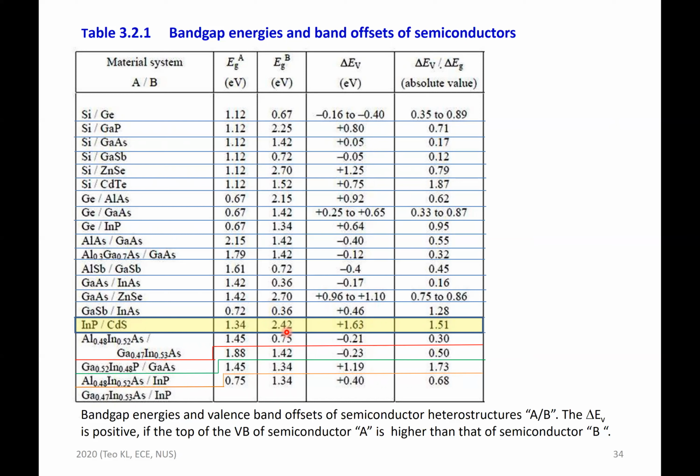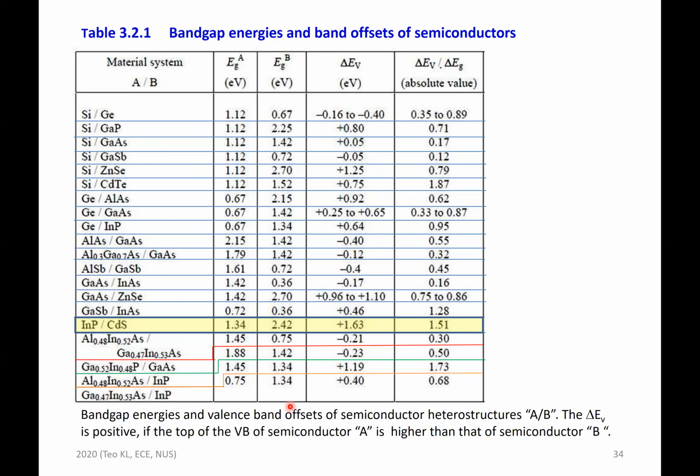Now, the conduction band offset and the valence band offset are given to you, and the ratio of the valence band offset over the change in the band gap is also given to you. The valence band offset can be positive or negative.